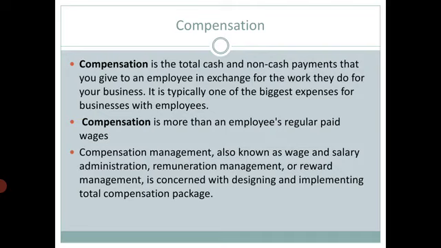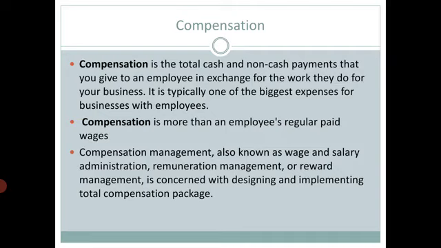Land, labor, capital and entrepreneur. These are the 4 factors of production for your organization.